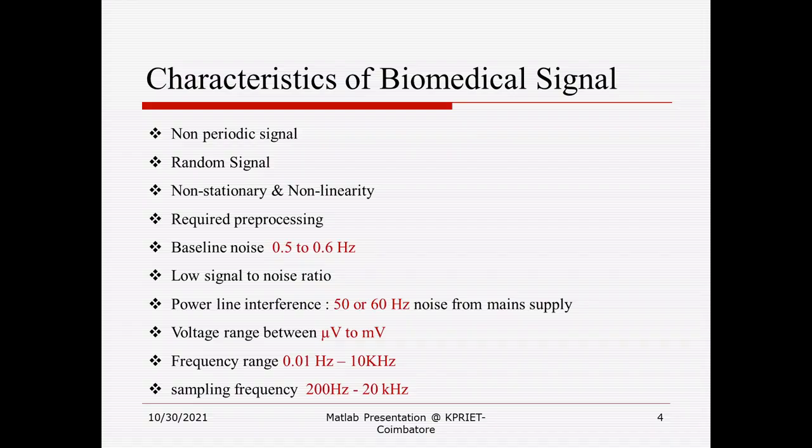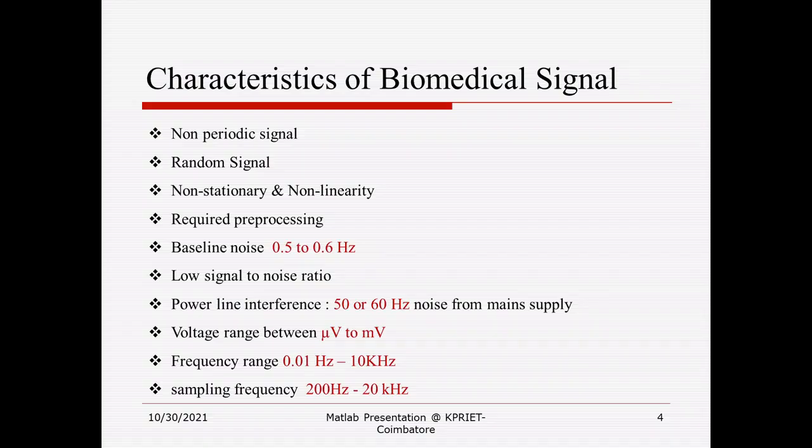These two noises occur during the acquisition of a signal. The baseline frequency noise is about 0.5 Hz to 0.6 Hz, and the power line interference frequency is about 50 to 60 Hz. All biomedical signals require at least a minimum of 200 Hz sampling frequency and a maximum of 20 kilohertz.